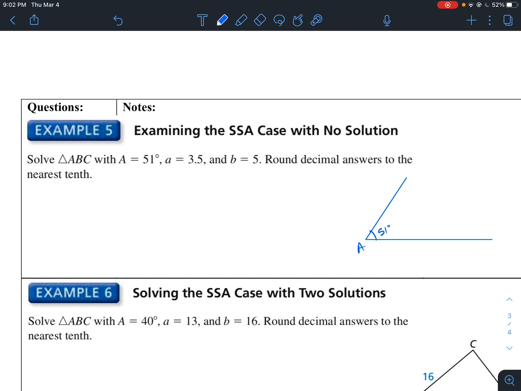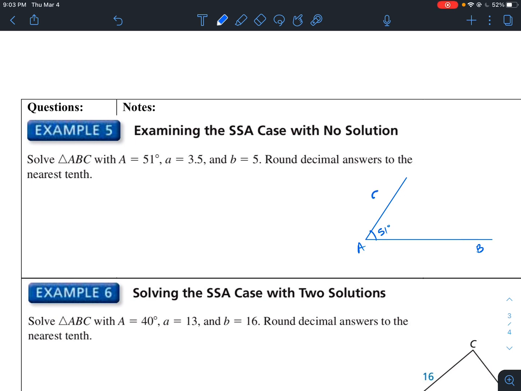So angle A. And then let's say that this side length right here is 3.5, which is A. Oh, whoops, sorry, it has to be B. This one has to be 5, because side length A has to be opposite of angle A. So let's say that angle B is somewhere over there.